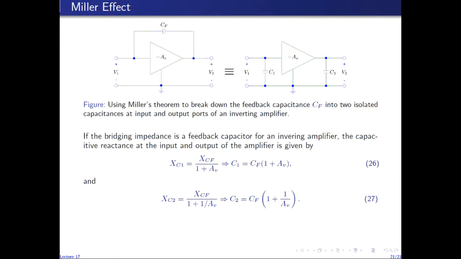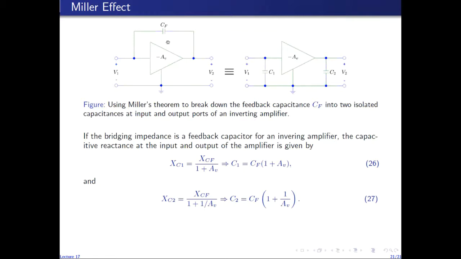Similarly, for the MOSFET, it is the capacitance CGD that acts as the bridging capacitance between the input port made up of gate and source terminals and the output port made up of drain and source terminals. So using Miller's theorem, we can decompose these bridging capacitances and break them down into two isolated capacitances at the input and output ports.